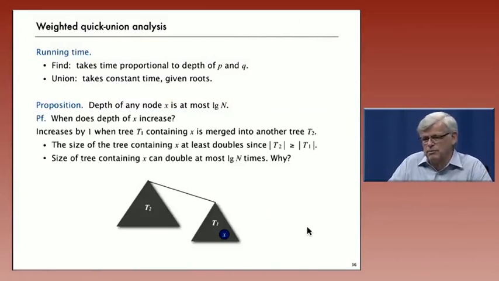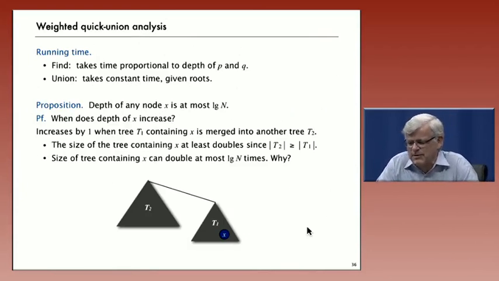So let's look at the proof of that. We do some mathematical proofs in this course when they're critical, such as this one. And why is it true that the depth of any node x is at most log base 2 of n? Well, the key to understanding that is to take a look at exactly when the depth of any node increases.